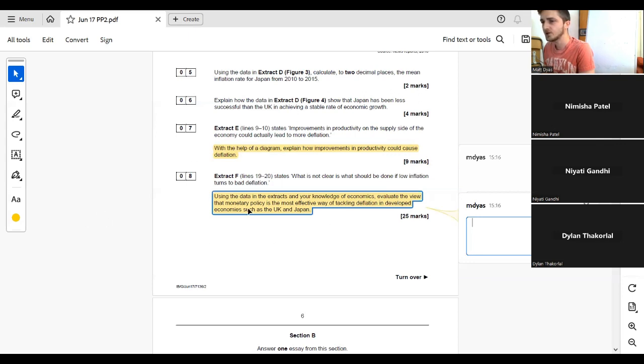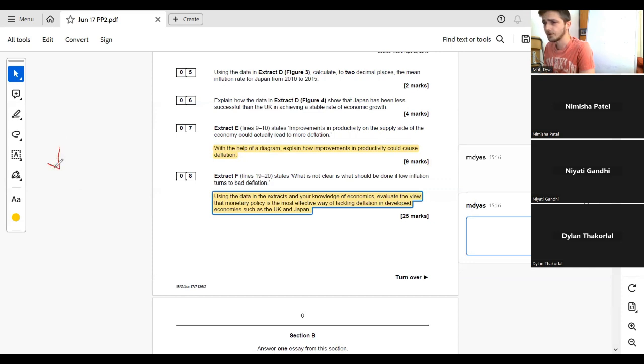But if I just told you monetary policy is interest rates, involves raising or lowering interest rates as a key policy, you can generate like half the essay, or at least half the analysis knowledge, just based on that, because we've got a very simple chain.